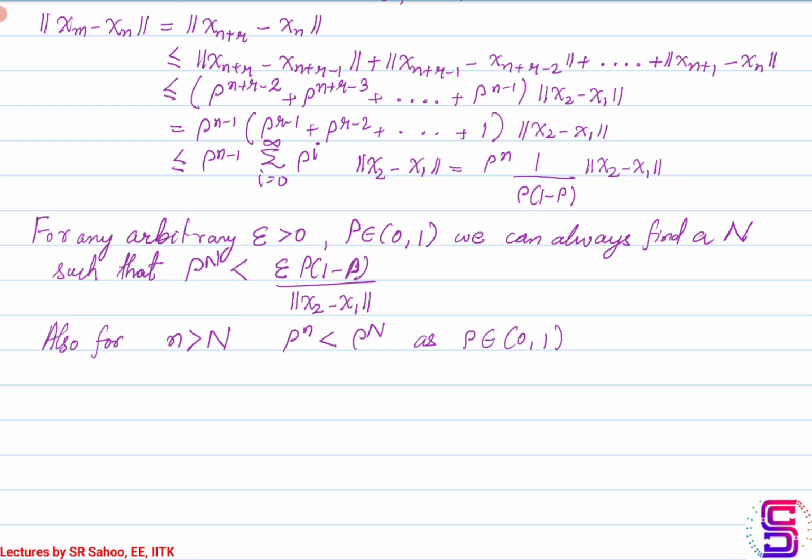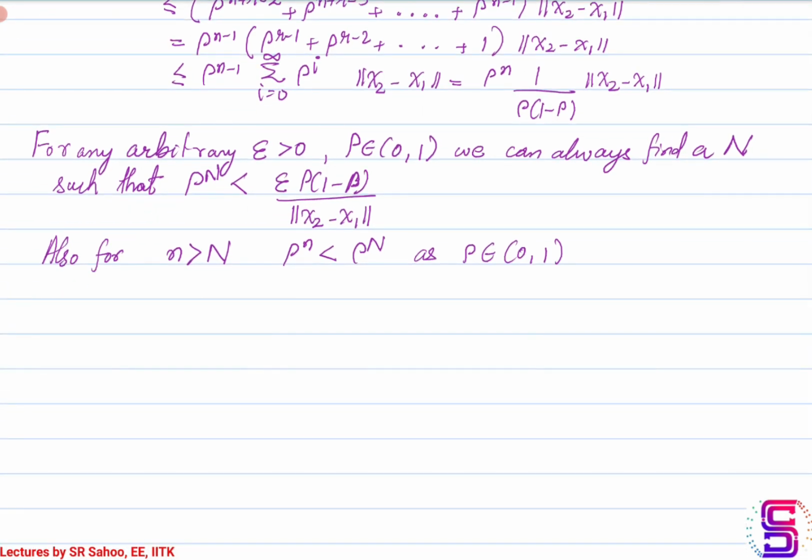So for any given epsilon greater than 0, since I can find this N, what I can have is: norm of x_m minus x_n, we have already shown, is less than 1 by rho times 1 minus rho, times norm of x_2 minus x_1, times rho^n.